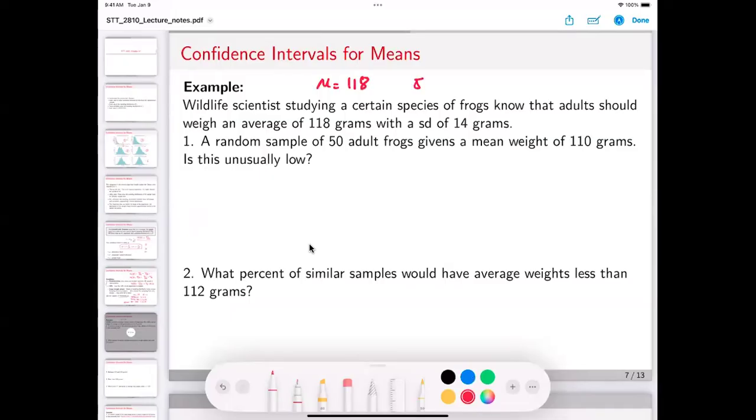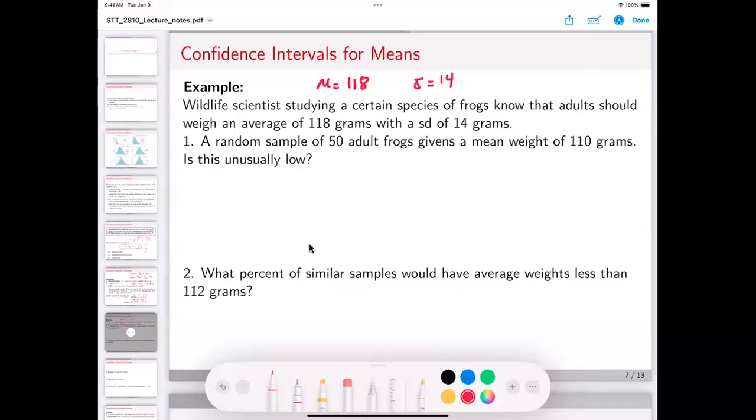So we know sigma equals 14. Now the question is that a random sample of 50 frogs gives a mean weight of 110 grams.